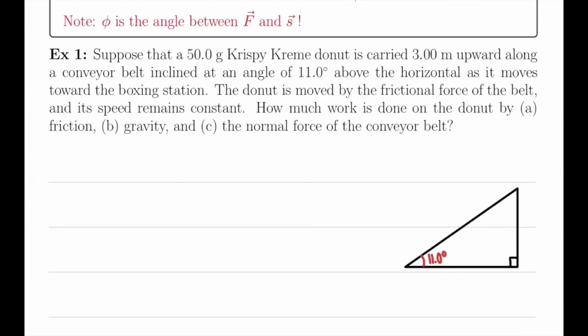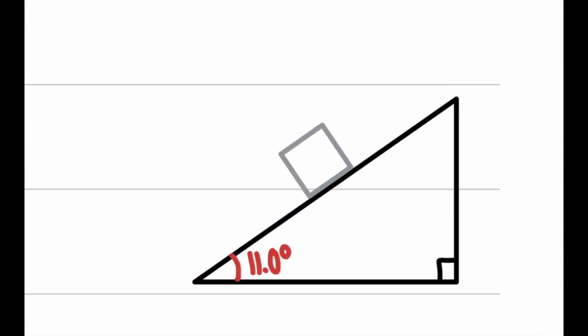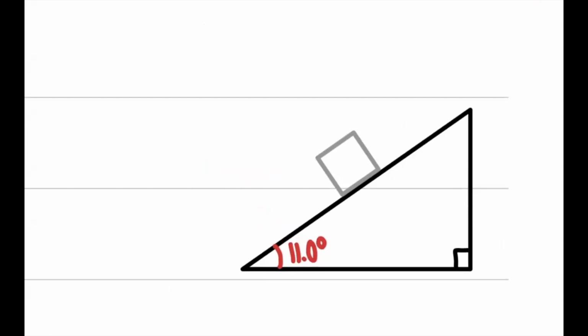And we have a Krispy Kreme donut on the conveyor belt, so I'm going to just draw a box. If it's a donut, it's round, right? So won't it be rolling without slipping? Is it on the flat side? It might be on the flat side. Yeah, it's the flat side. I don't think they're going to put it like this and have it turn down the conveyor belt. Anyway, but this is it.